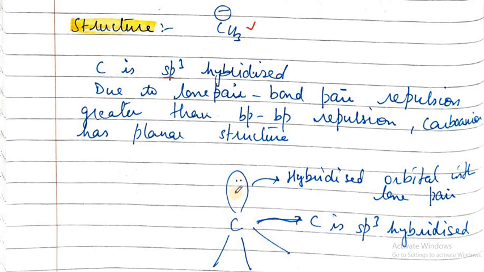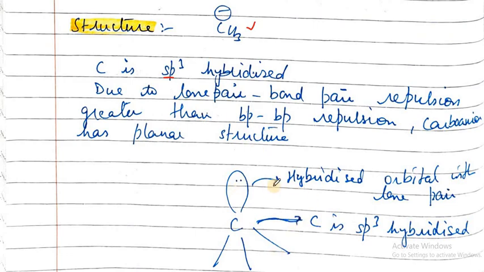This lone pair and bond pair repulsion is more, so these bonds are directed closer to each other, and the bond angle no longer remains the tetrahedral bond angle, because lone pair-bond pair repulsion is greater than bond pair-bond pair repulsion. So carbanions now have a planar structure instead of a tetrahedral structure.